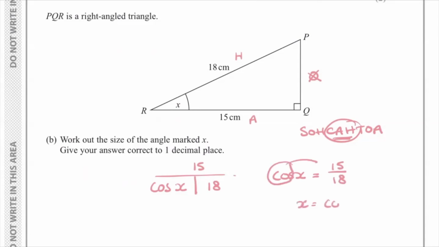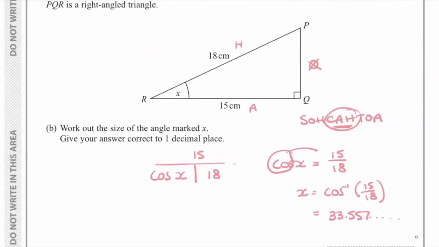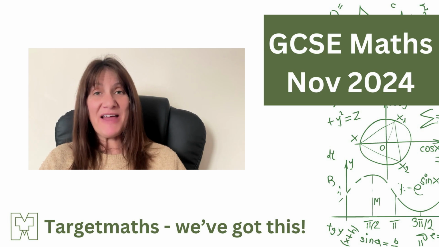Cos will land as its opposite. And then you just throw that in your calculator and you will get 33.557, on and on it goes. Again, check what your rounding is. It's one decimal place. So our final answer is 33.6.